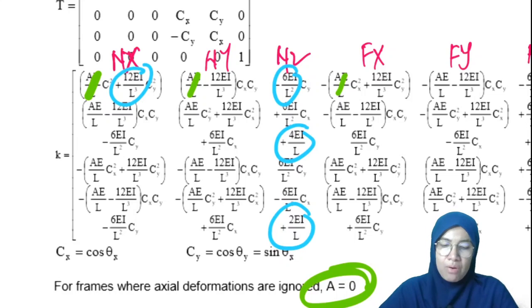Number 3, 4 EI over L. And last is 2 EI over L.